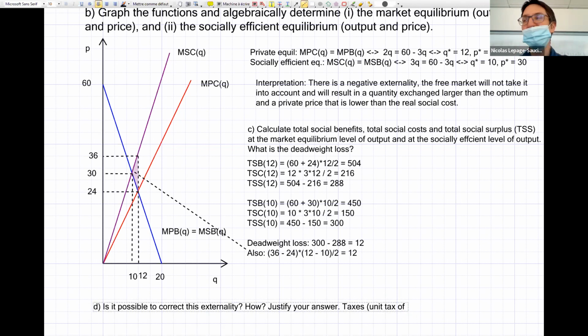Well, it's normal. You have seen taxes very briefly last semester. So what taxes do is they introduce some wedge between the value that consumers must pay and the value that producers receive. And this wedge is the payment to the government.